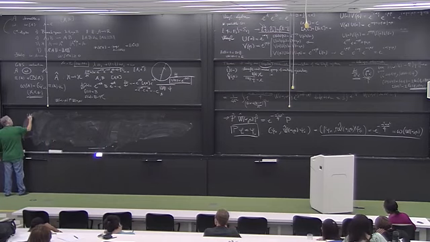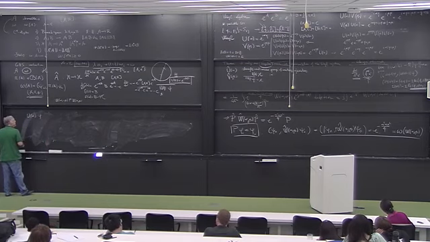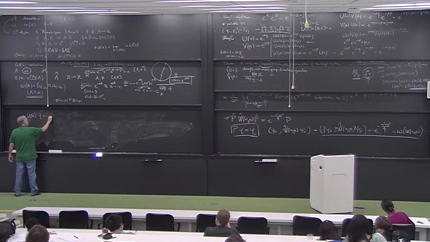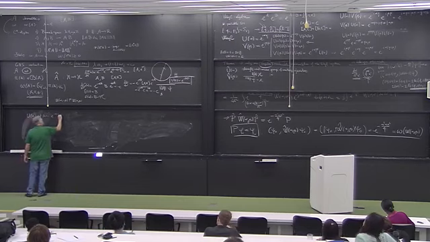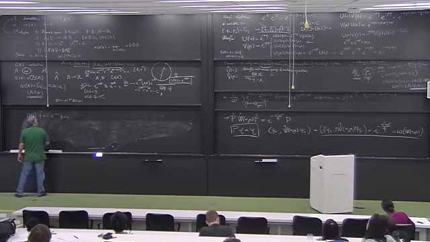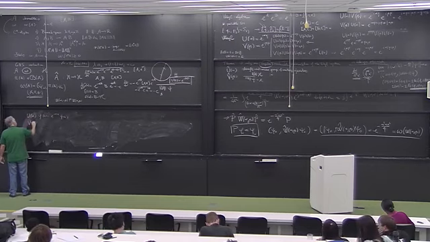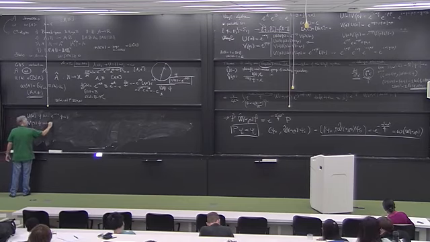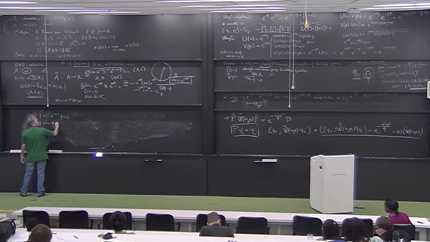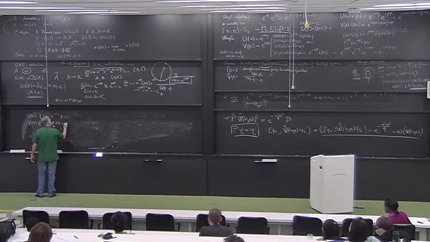In the Schrödinger representation, U of A is represented by multiplication by e to the minus i alpha x on psi of x, and V of B acting on psi of x is psi of x plus beta.